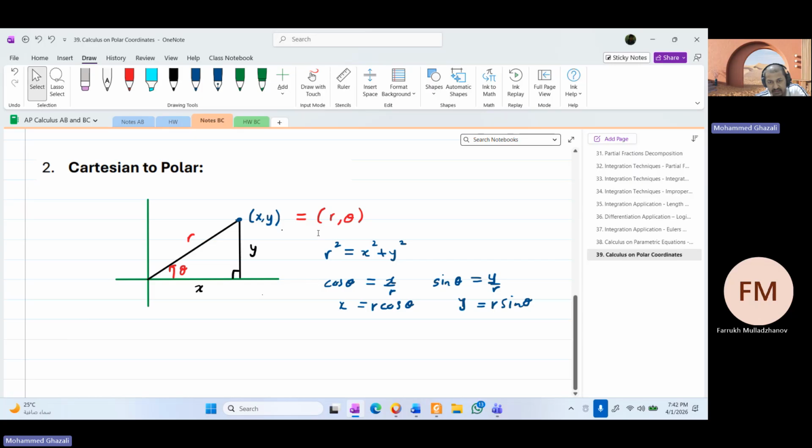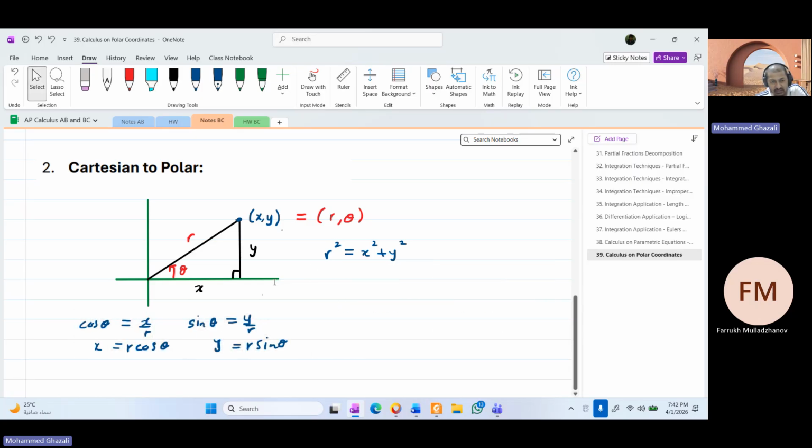Let's bring this down here. We know how to find R. How am I going to find theta using this diagram here? To find theta, you're going to say tan theta is equal to Y over X. So you solve these two equations, you can put it in terms of R and theta.